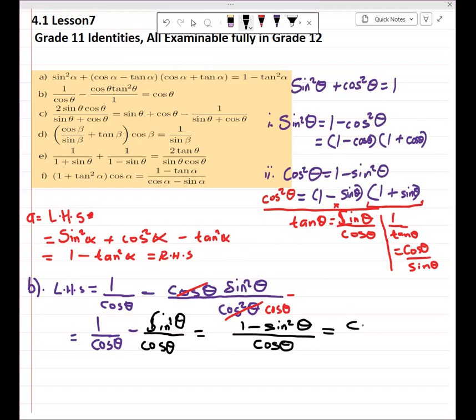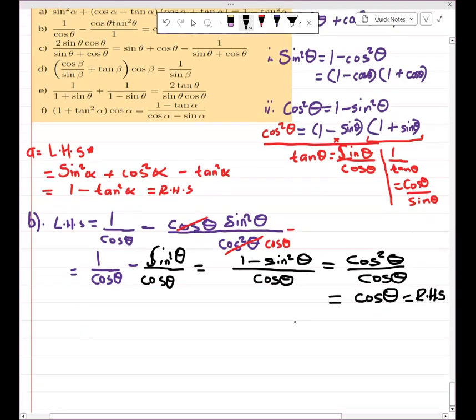So I'm going to replace 1 minus sine squared theta by cos squared theta, and then divided by cos theta, which becomes, this will just give you cos theta at the top. Do we see it? Which is the right-hand side. Then that's finito for B.